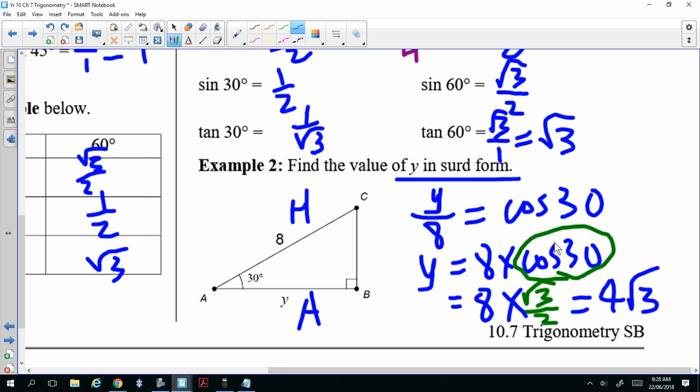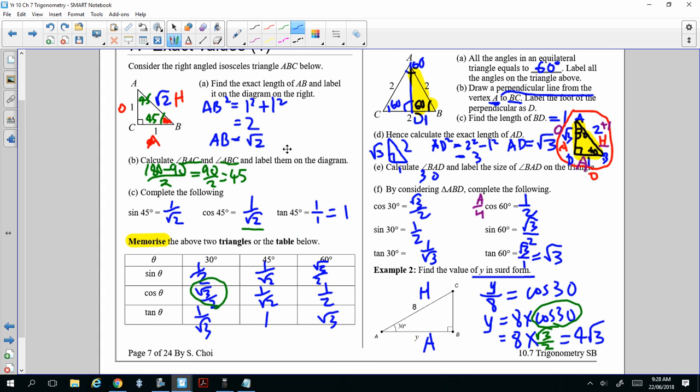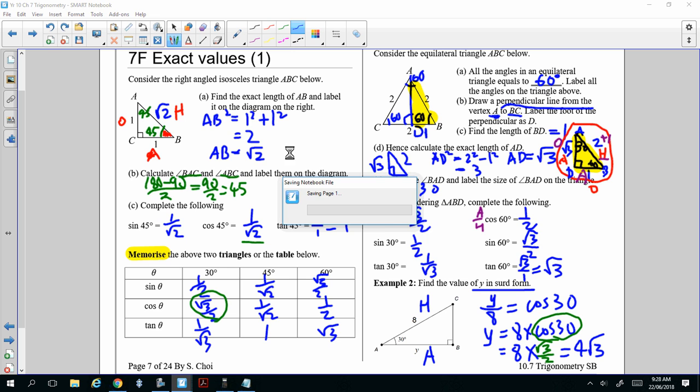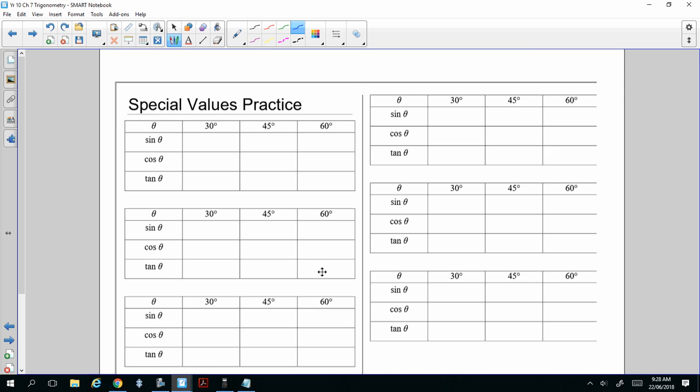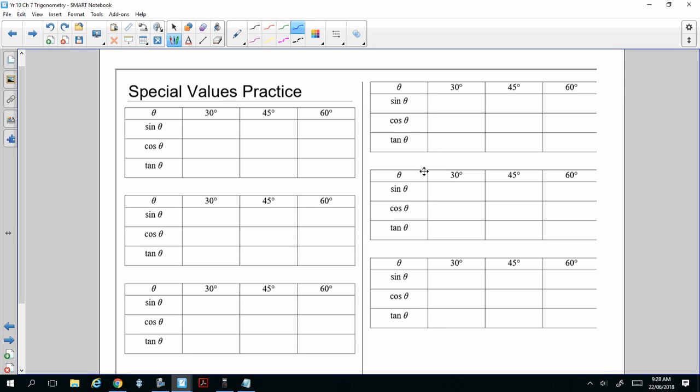Now when we try to memorize things in maths, we do that a lot of times repeatedly. So I have prepared for you 6 of these. You can do more in your book. If you write it down 10 times, it's hard to forget, isn't it?